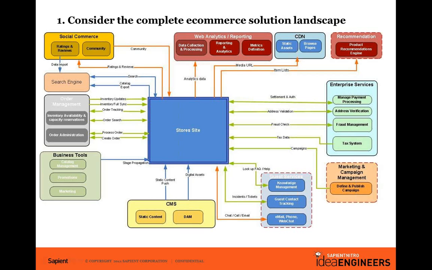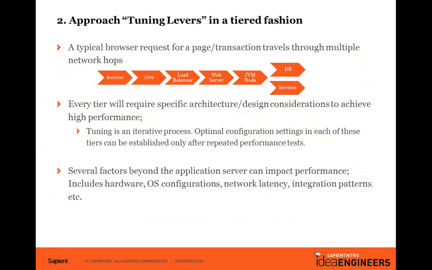Now that we looked at the landscape, let's look at how you approach performance tuning. Let's say you get into a project and you're handed the responsibility to manage or drive the performance tuning. How do you approach it, even for the store site? We look at a typical browser request.